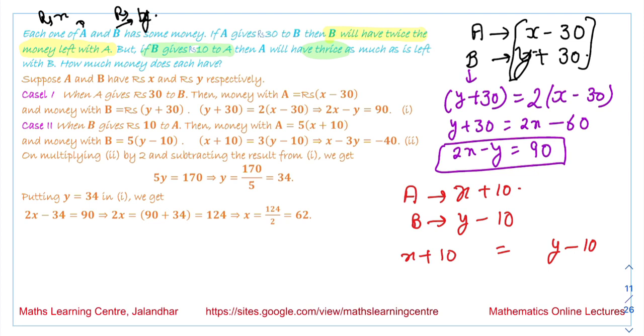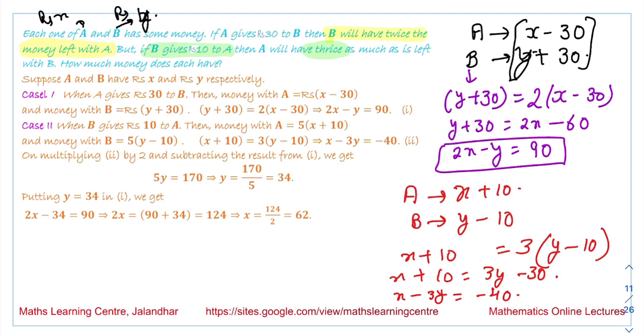Now it is given that A has thrice the money left with B. So it is 3 times of this. So we get x plus 10 is equal to 3y minus 30. So this equation you can write as x minus 3y is equal to minus 40.